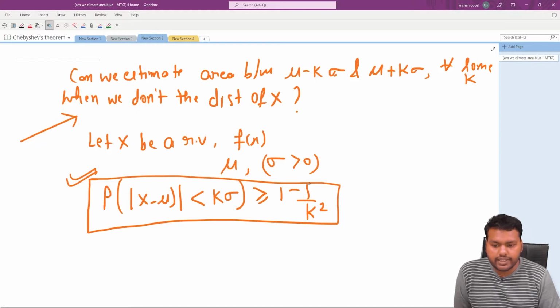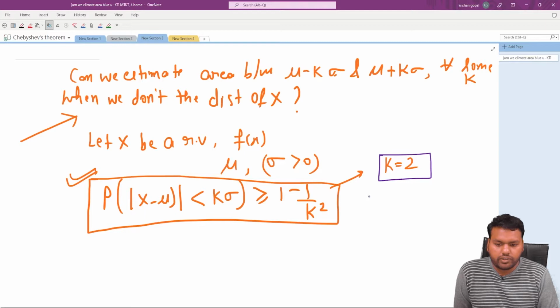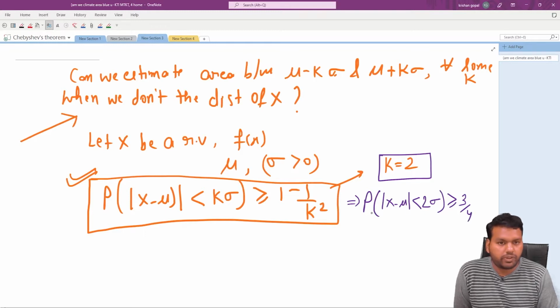Now to understand this inequality, let's take k equal to 2. What result do we have? The probability that |x minus mu| is less than 2 sigma is greater than or equal to 3 by 4, since 1 minus 1 by 4 is 3 by 4.